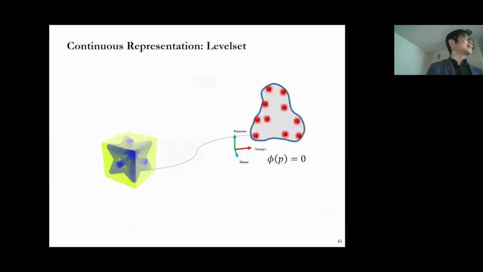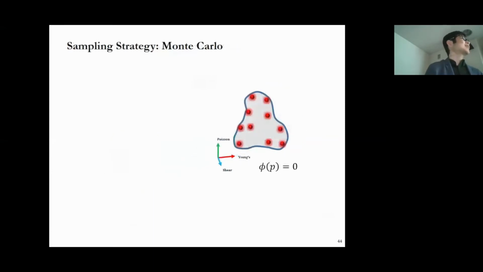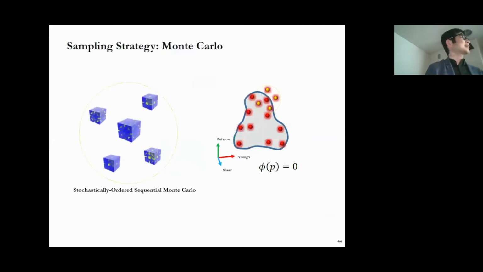The computation strategy is we define this point cloud as an implicit surface, as a level set function in this low-dimensional space. And we want to evolve this level set in its normal direction, like in curvature flow, right? So essentially to sample some point that is outside this level set. So there are a few strategies. First, Monte Carlo, random sampling. Like we switch the voxels in this microstructure a little bit and see, well, if we are lucky, then we may get some point that is outside. Then we can enlarge our level set function.